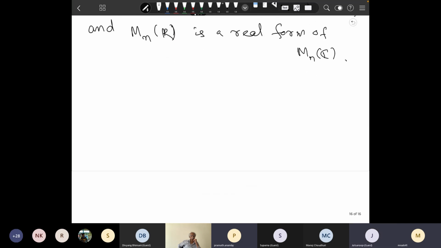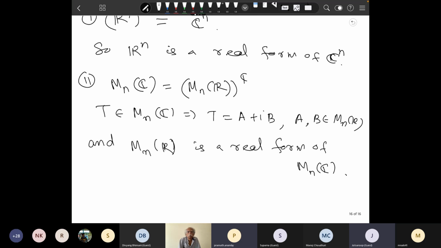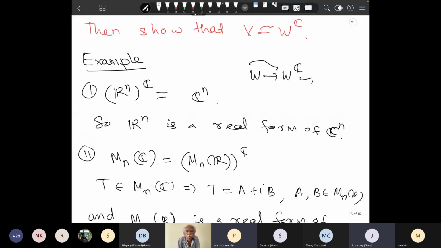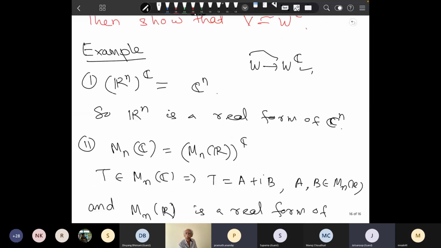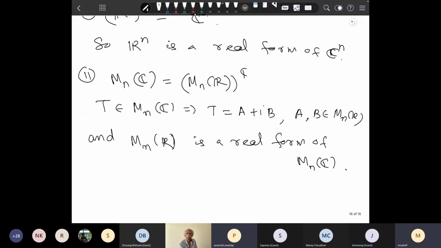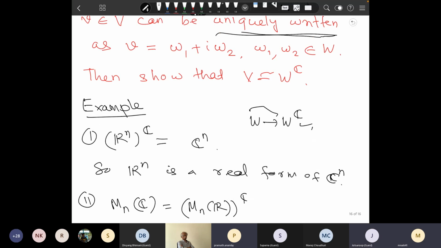Now, Munna, I just have one question. In the identification of M_n(C) with the matrices in M_2n(R) with that commuting property, they're also called symplectic matrices, right? No, actually, we will prove something. Don't worry, some connection is there, but not here. We'll see various things. It has a connection with some symplectic things.